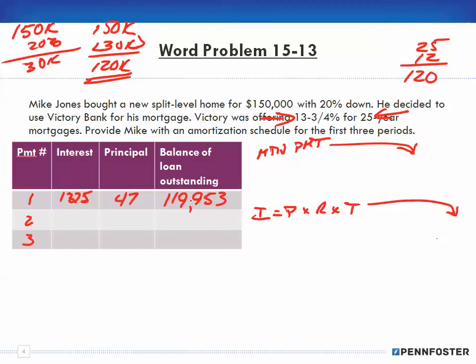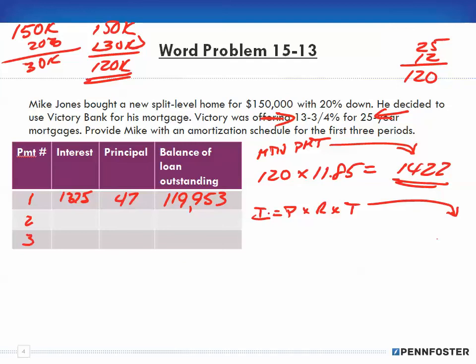Remember, our monthly payment was $1,422, because that doesn't change. The 120 times the 11.85, that doesn't change. That's always going to be our monthly payment. What's going to change is the amounts that we use for interest and for principal.